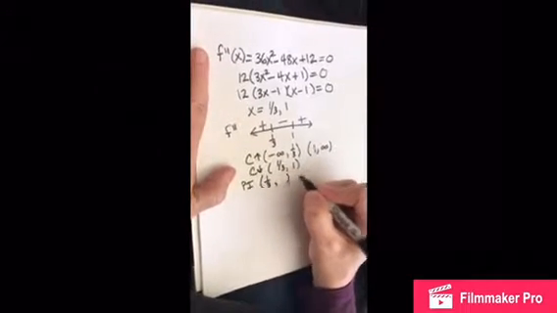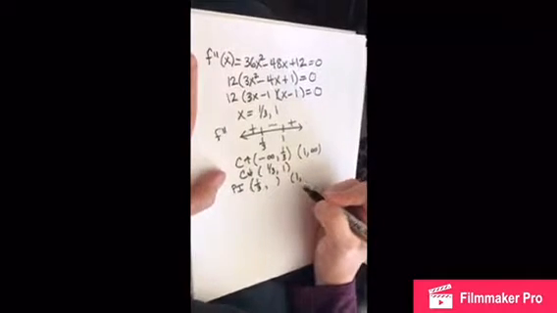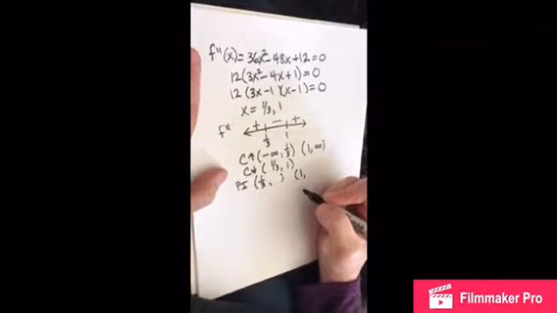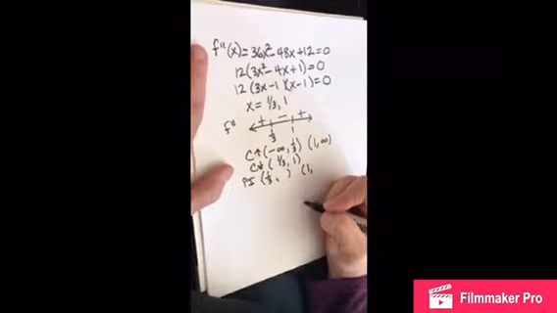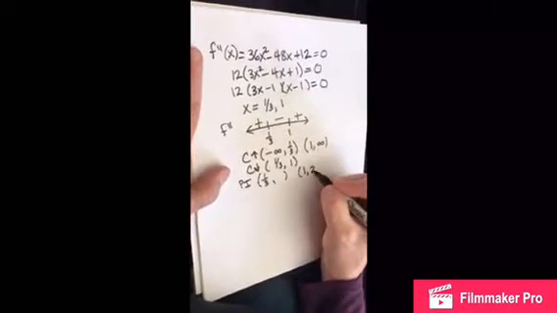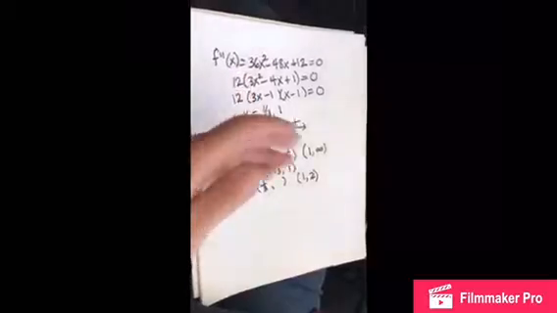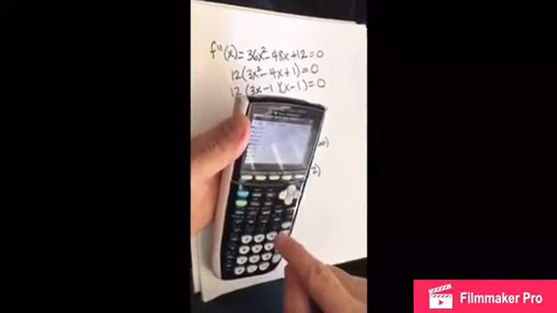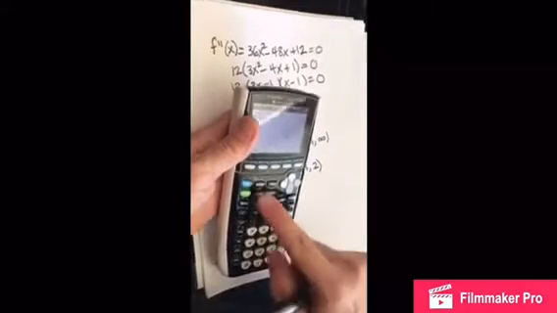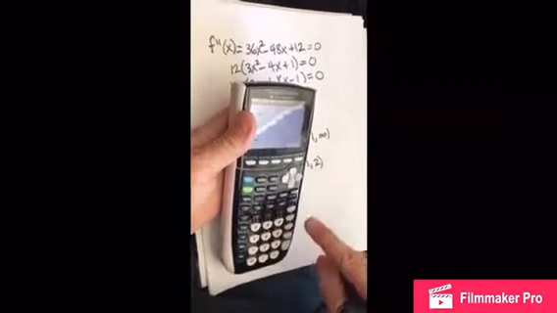1/3 and 1, and we'd have to put it back in the original. 1 gives us, let's see, 3 minus 8 is -5, plus 6 is 1, plus 1 is 2. 1/3 is a little harder, so I'm going to get my handy dandy calculator and plug in the original function.